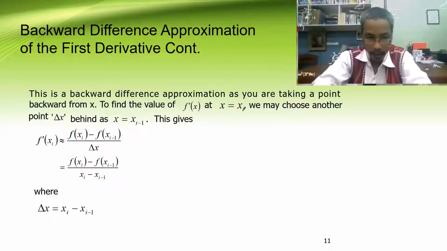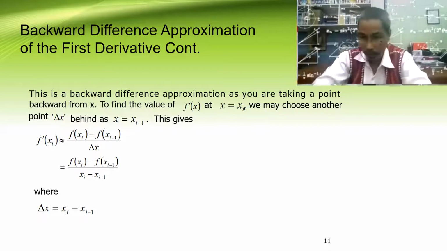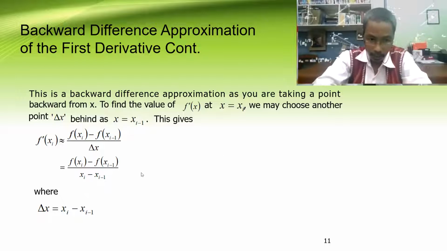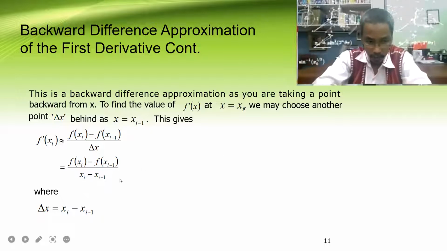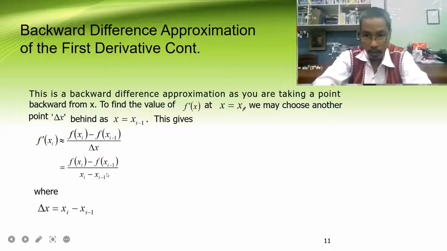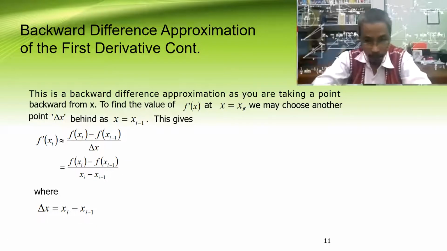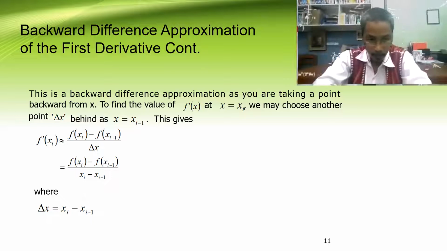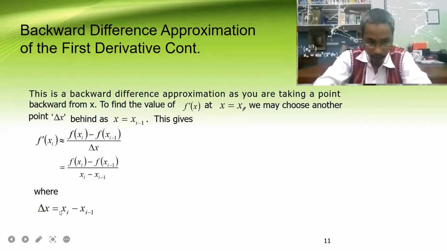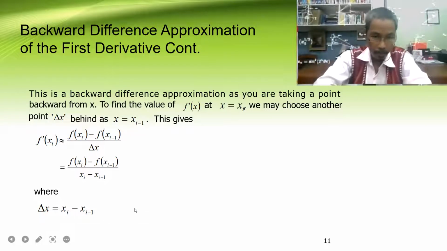This is equal to x equal to x_(i minus 1). This gives the following equation, the equation that we need to evaluate, recall, remember, and implement. Take note: delta x now is equal to x_i minus x_(i minus 1).